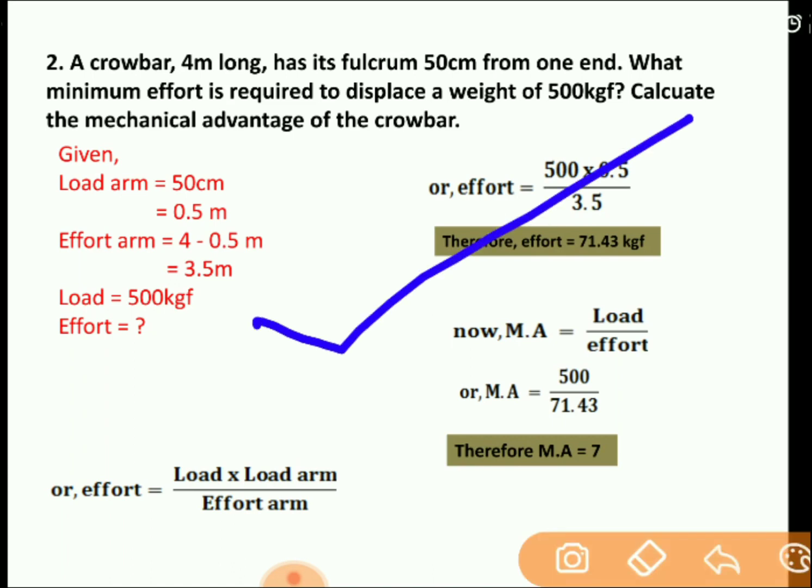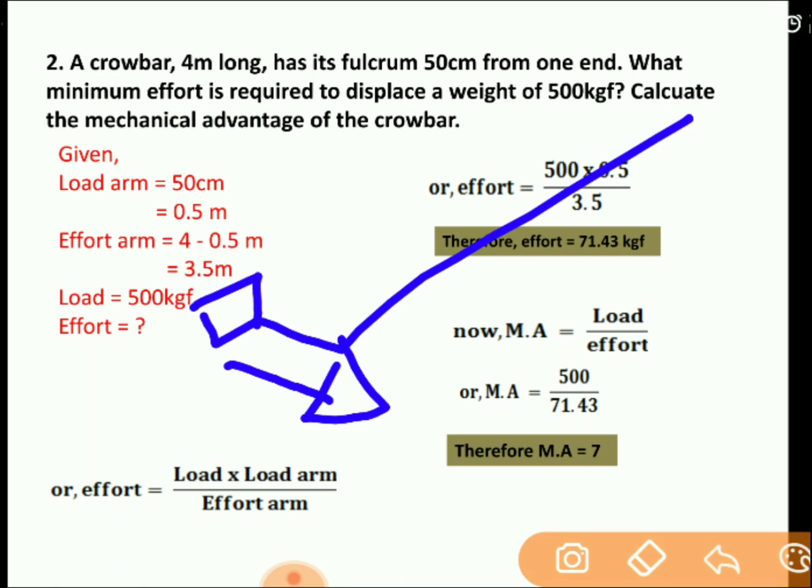If this is the crowbar, total is 4 meter, and this is the fulcrum, 50 centimeter from one end, which means if this is the load being raised from here to here, it is 50 centimeter. So the load arm is 50 centimeter.